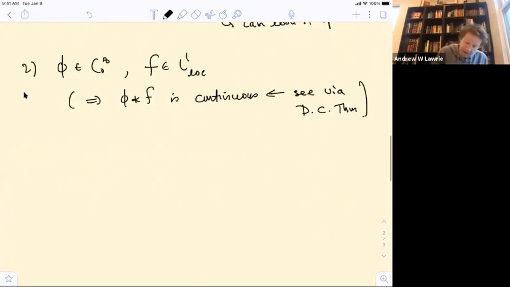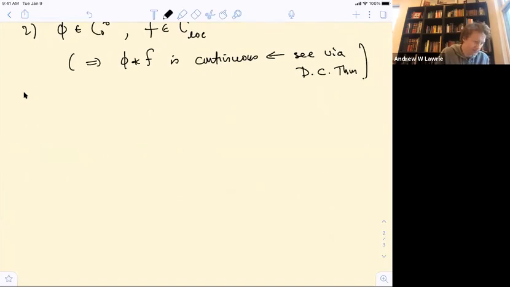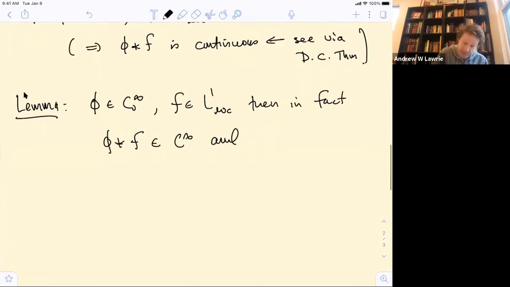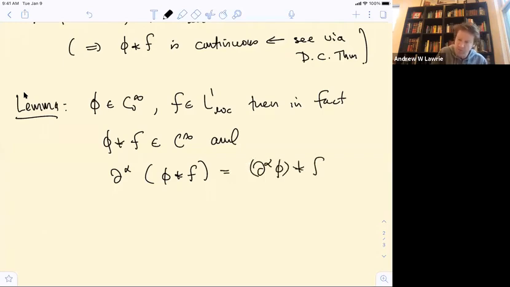Okay, and let me actually prove a lemma. That if phi is in C infinity, f is in L^1 loc, then in fact phi convolved with f is in C infinity, and d alpha of phi convolve f is equal to d alpha phi convolve with f.